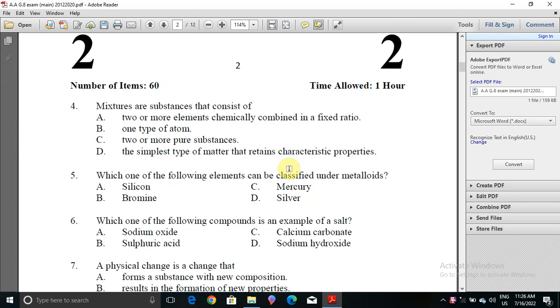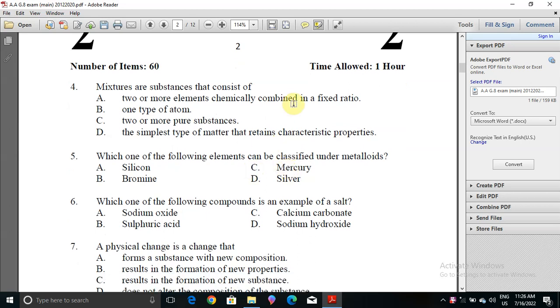The correct answer will be 2 or more elements chemically combined in a fixed ratio, right? Because this is the meaning of mixture, or mixtures are substances that consist of 2 or more elements that can combine in a fixed ratio. So the correct answer for question number 4 is choice A.